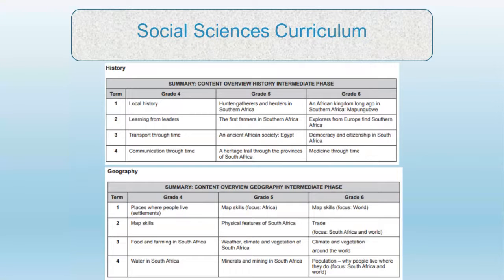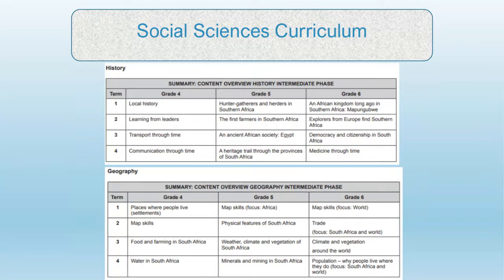If we look at the social sciences curriculum, this is what they do in history. In grade 5, they do hunter-gatherers and herders in Southern Africa, and then the first farmers in Southern Africa, ancient society Egypt. So maybe you could find something nice there that you can relate to culture. And then a heritage trail through the provinces of South Africa.